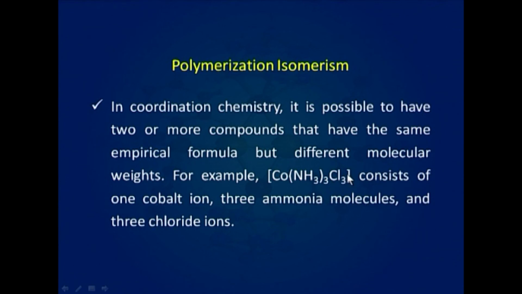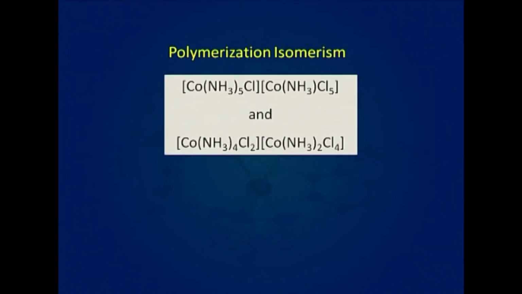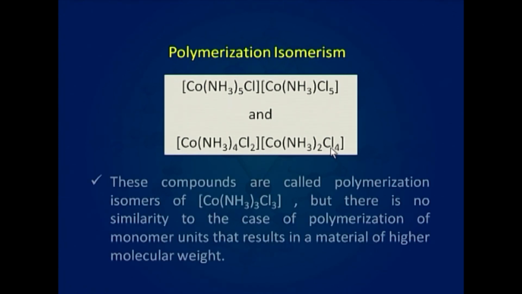[Co(NH3)3]Cl3 consists of 1 cobalt, 3 ammonia molecules and 3 chloride ions. Other compounds having the same empirical formula are [Co(NH3)6][CoCl6], [Co(NH3)5Cl][Co(NH3)Cl5], [Co(NH3)4Cl2]... and [Co(NH3)2]Cl4.